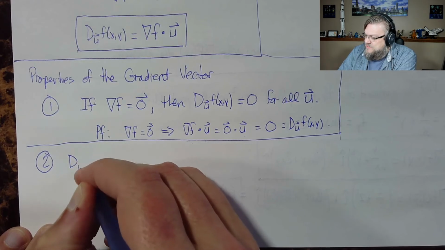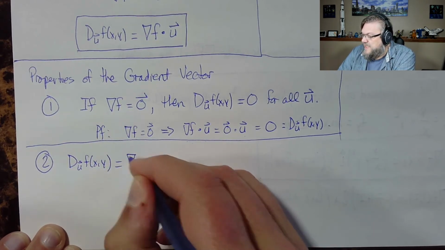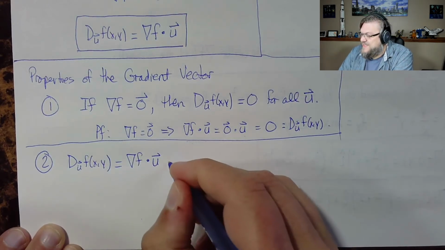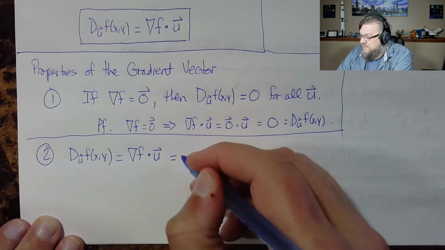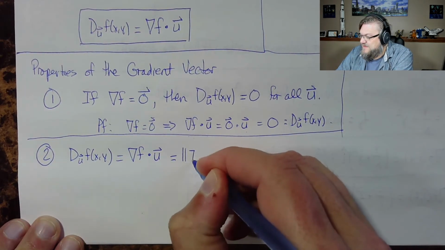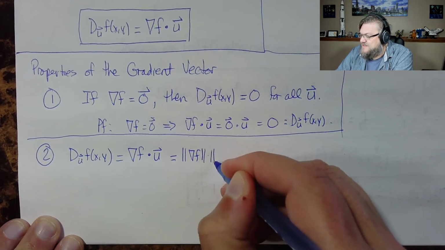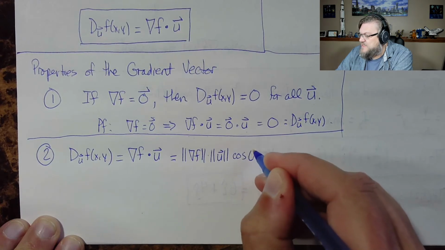We know that the directional derivative equals del f dotted with u. But thinking about the dot product, remember the dot product had an alternative formula: the magnitude of the first vector times the magnitude of the second vector times the cosine of the angle between them.